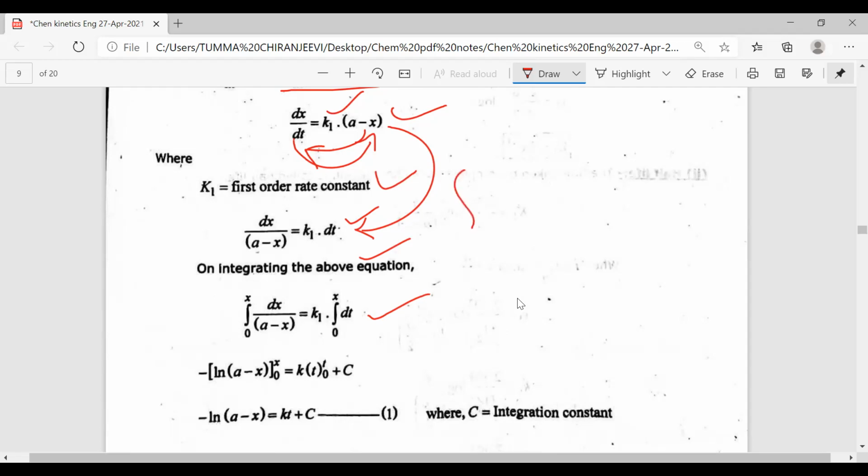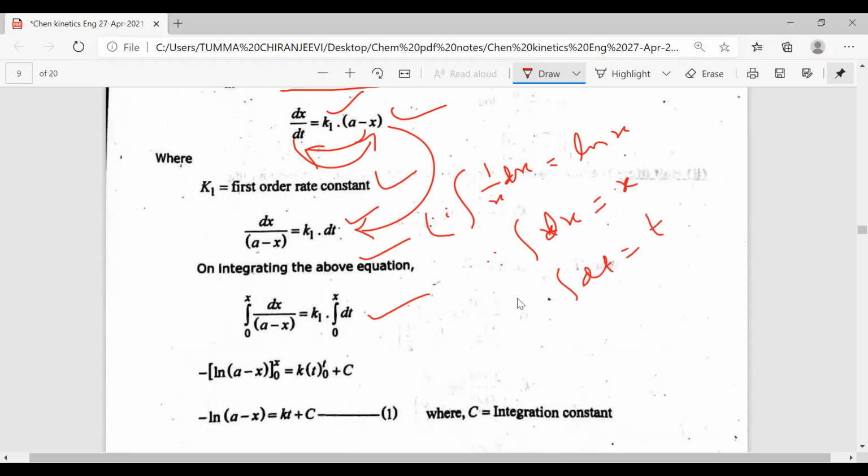You know from the mathematical integration formulas that the integral of 1 by x dx is equal to log x, and the integral of dx is equal to x. In the same way, the integral of dt is equal to t.